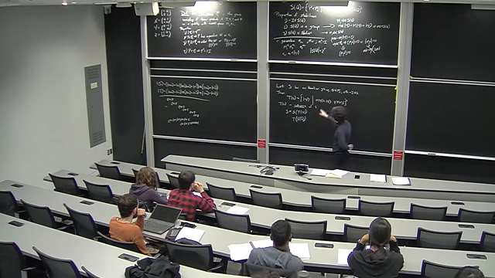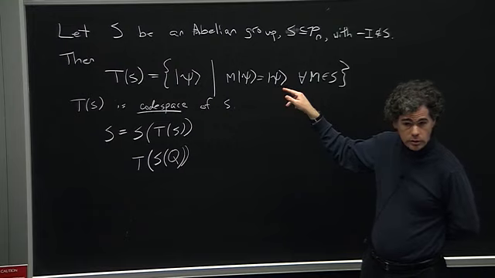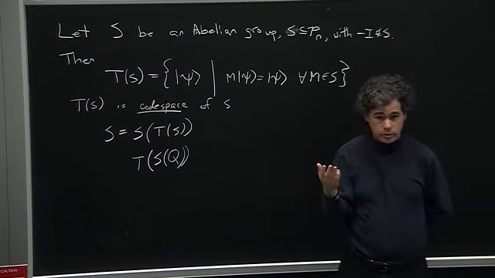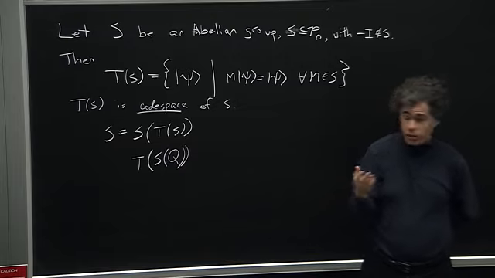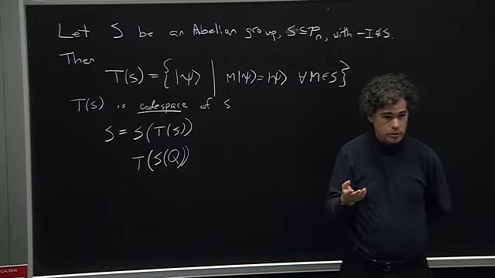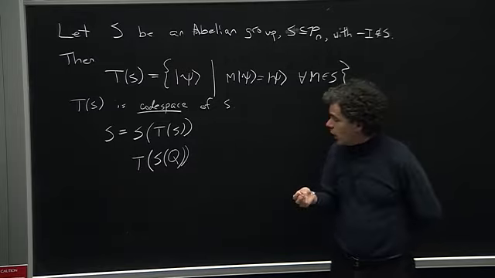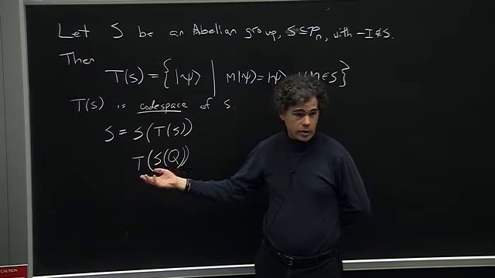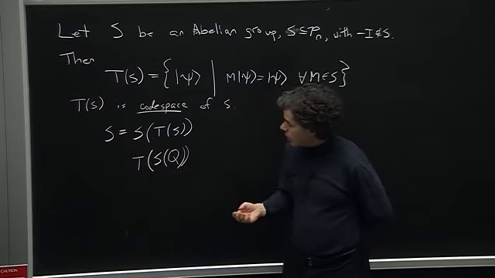And so therefore it satisfies this property. But there might be some other vectors that have this property that were not in Q originally. So it could be bigger. And in fact, it's not hard to come up with examples where it is bigger.